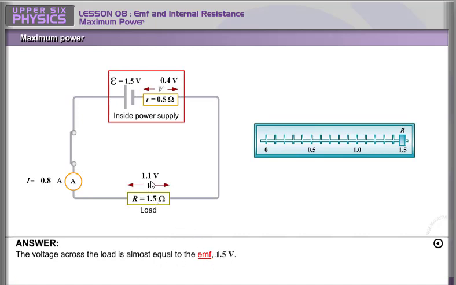You see, the voltage across the load, which is 1.5, is almost equal to the EMF. When the R here is big compared to r, the voltage across the resistor increases until it becomes almost the same as the EMF, right? So the voltage across the load is almost equal to the EMF, 1.5.